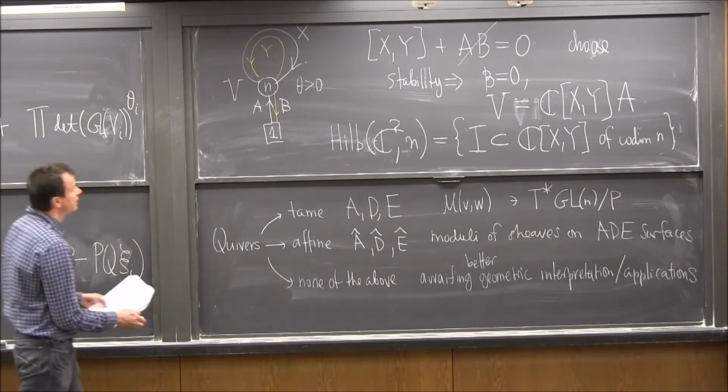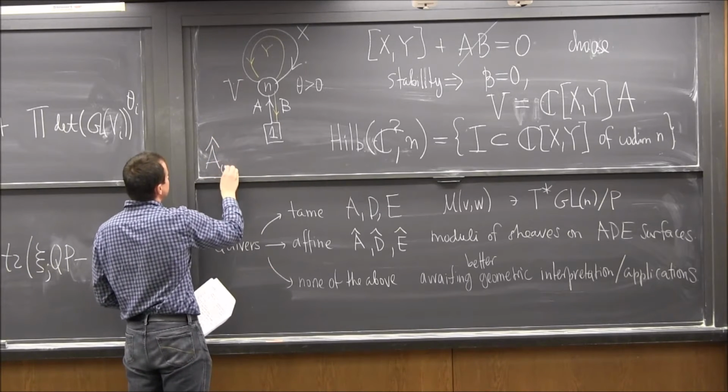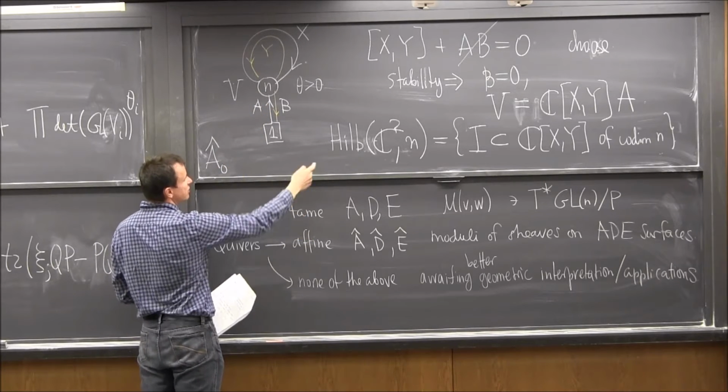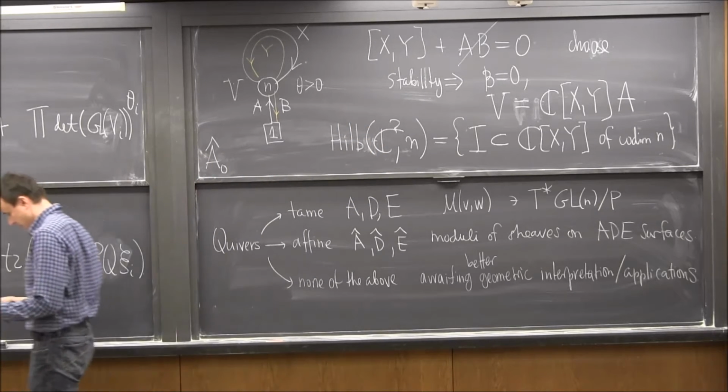And so here this quiver is A_0 hat, and the corresponding ADE surface is just C^2, and so this is the example.